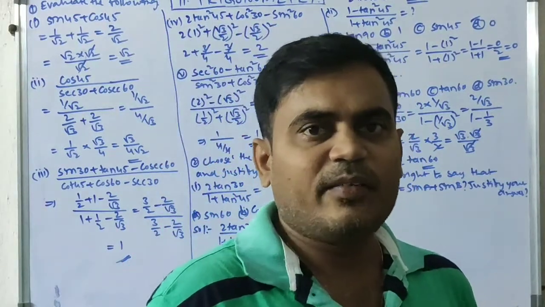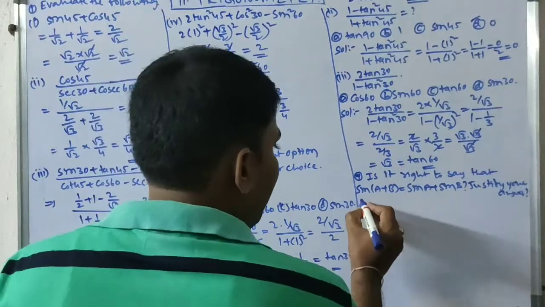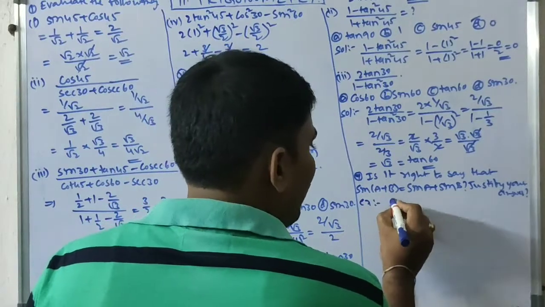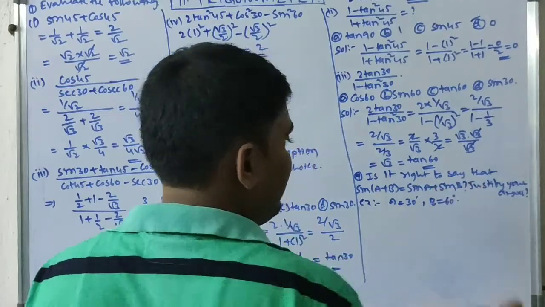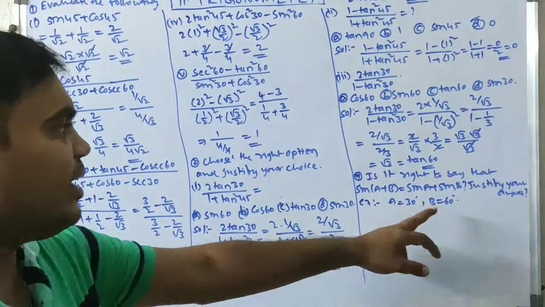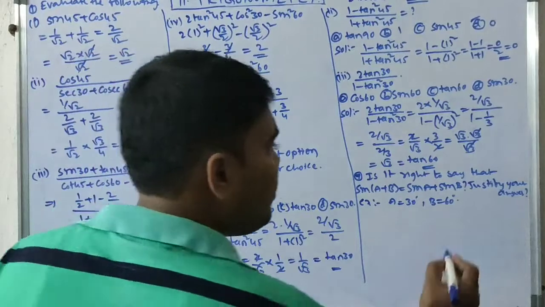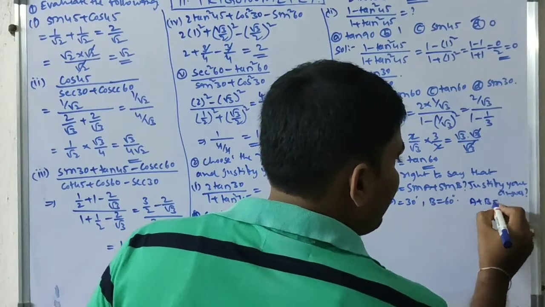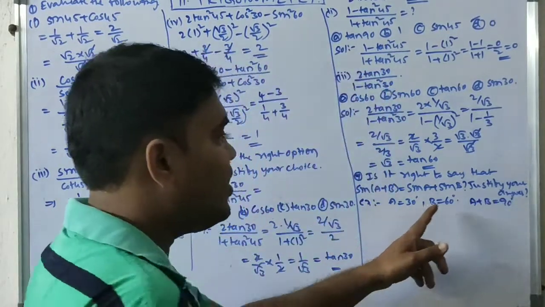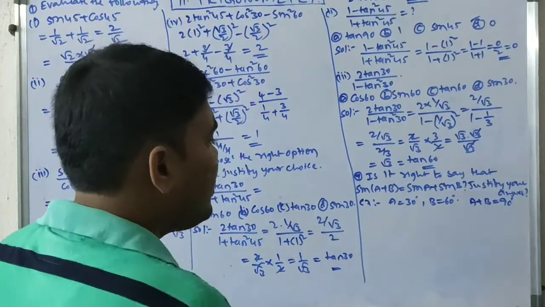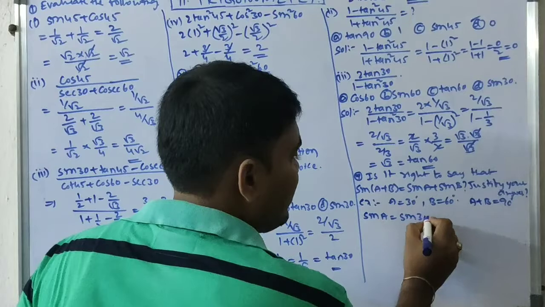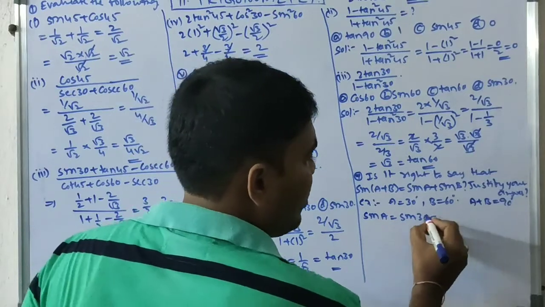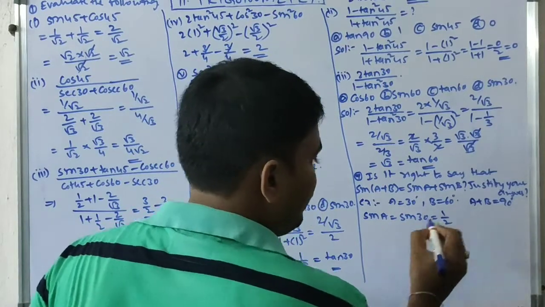So I want to take an example. I am taking a equal to 30 degrees, b equal to 60 degrees. Angle a is 30, angle b is 60. A plus b equals 30 plus 60, which is 90 degrees. Sin a equals sin 30, which is 1 by 2.